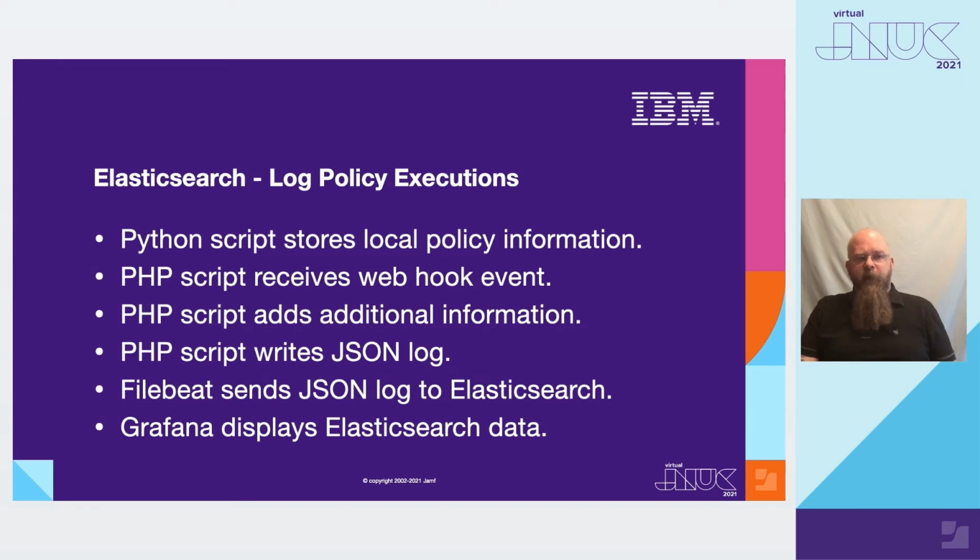Elasticsearch is a JSON-based NoSQL database, so it natively understands JSON. By writing the augmented webhooks to a log, in JSON, FileBeat easily ingests that information into Elasticsearch for us to display with Grafana.